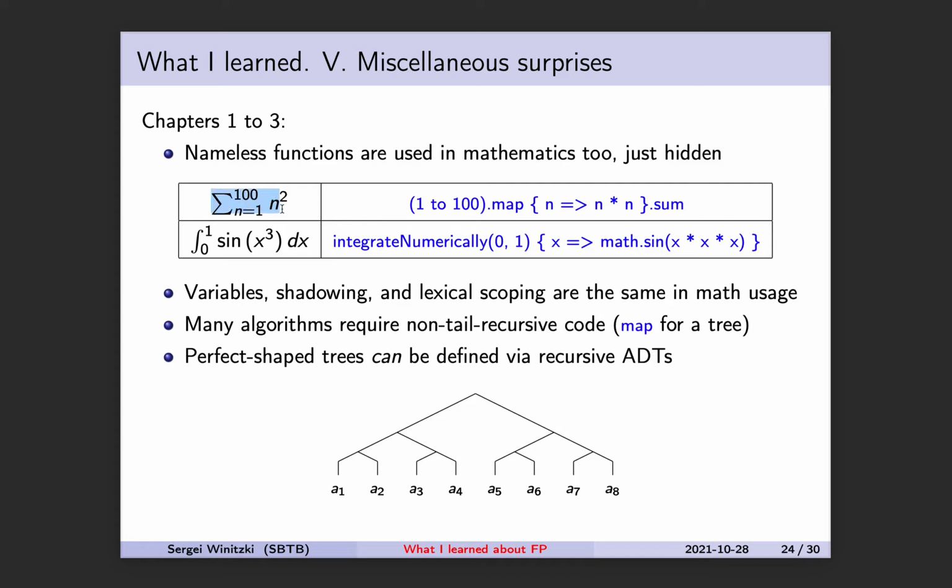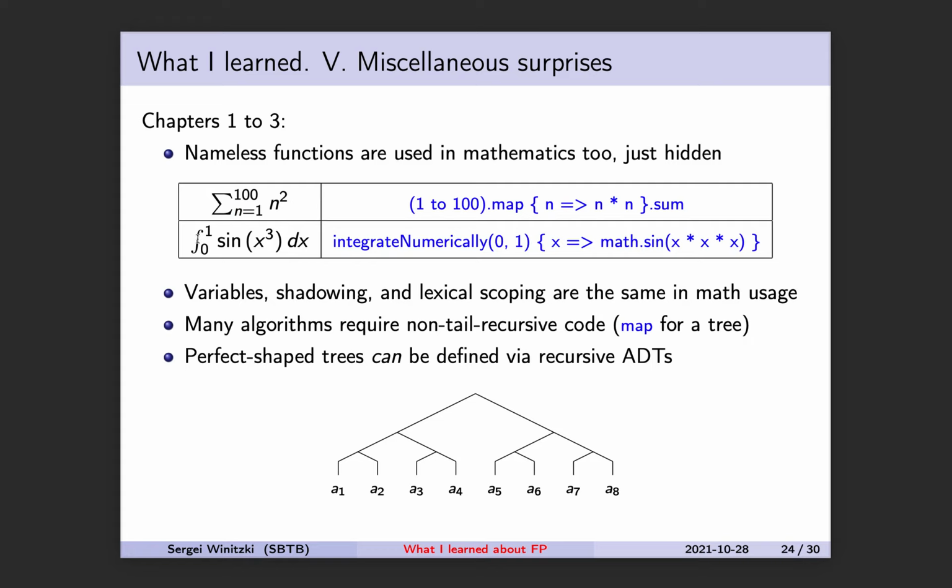For example, this is the mathematical notation for computing the sum of the squares of the first 100 integers, and this notation doesn't seem to contain any nameless functions, but if you write the code in Scala, the code would look like this, and you see there is a nameless function inside which introduces the variable n as a bound variable, and the mathematical notation introduces the variable n as a bound variable exactly in the same way, just in a different notation that doesn't emphasize that there is a function inside.